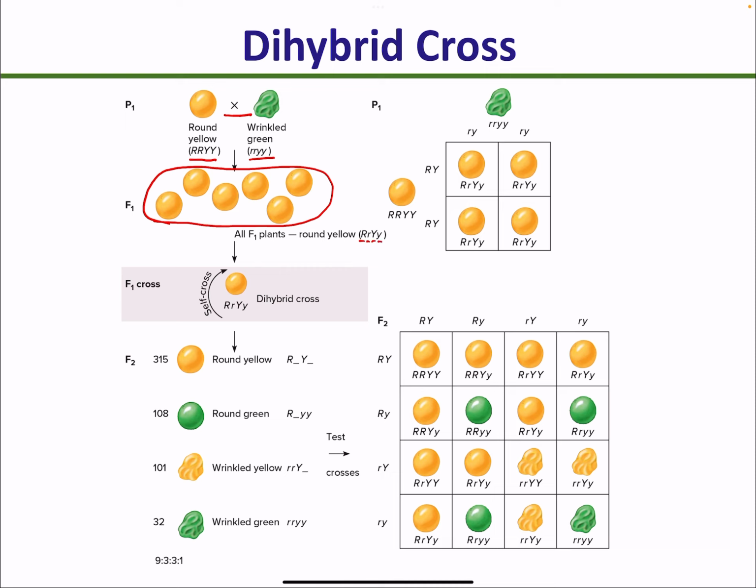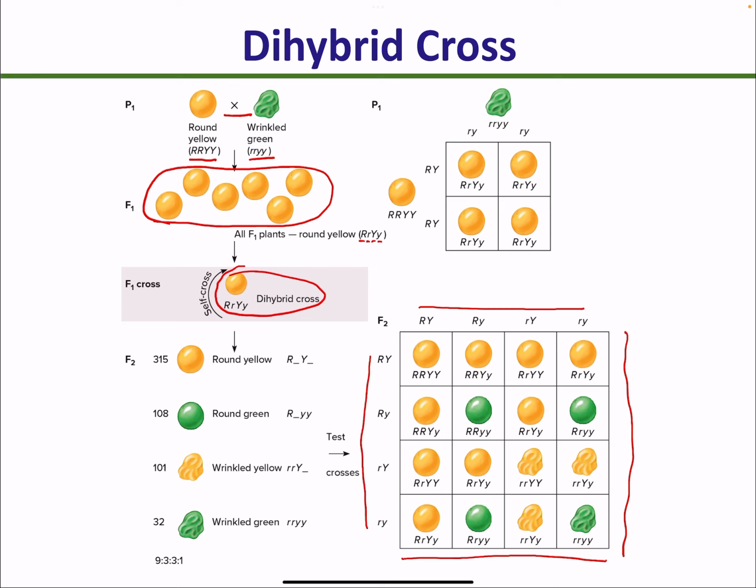Now, this individual from generation 1, if we do a self-cross of the dihybrid, what are we going to get? Now here, we have a Punnett square, a huge Punnett square, right? With 1 parent on this side and 1 parent on this side.